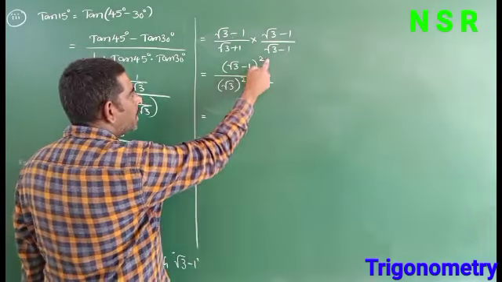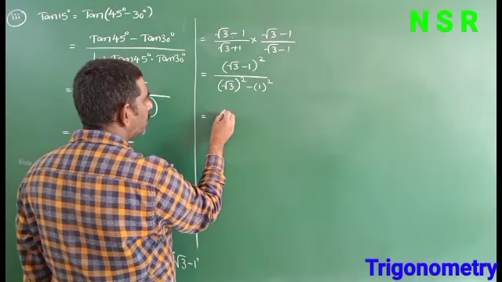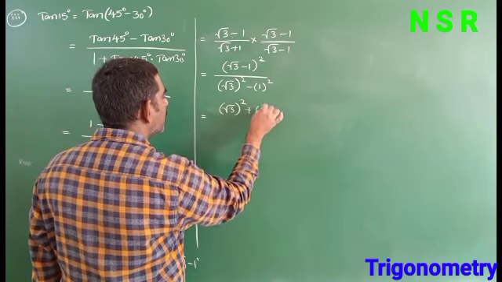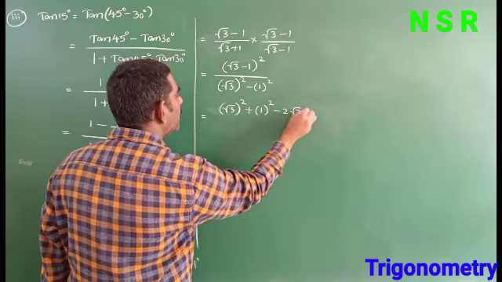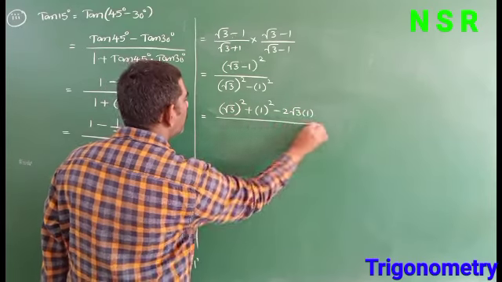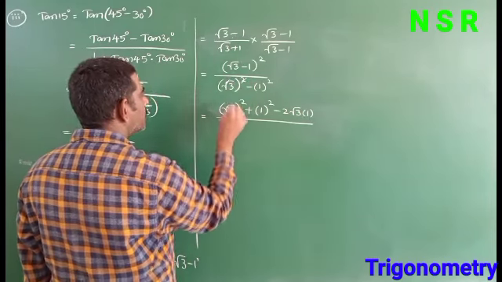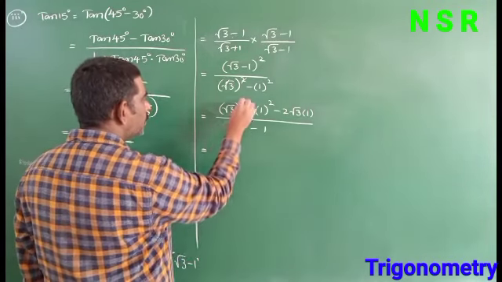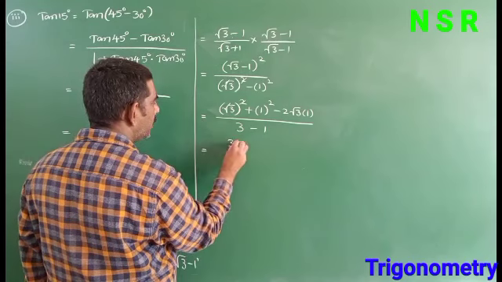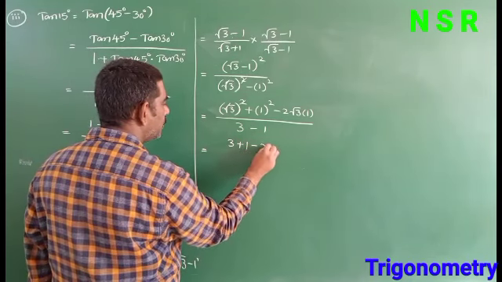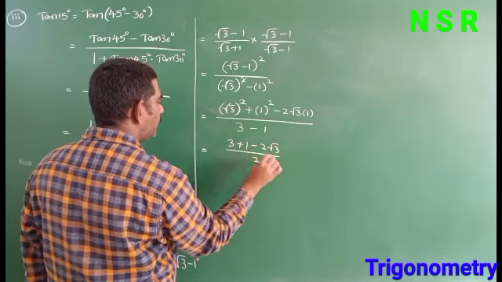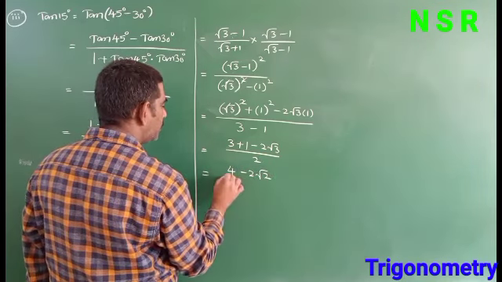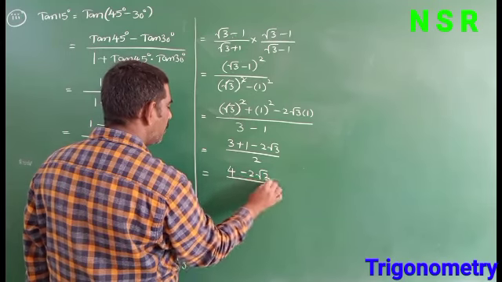So apply here the a minus b whole square formula: root 3 whole square plus 1 square minus 2 into root 3 into 1. The square and root get cancelled, we get 3, minus 1 square value 1, so 3 plus 1 is 4, 4 minus 2 root 3, by 2.